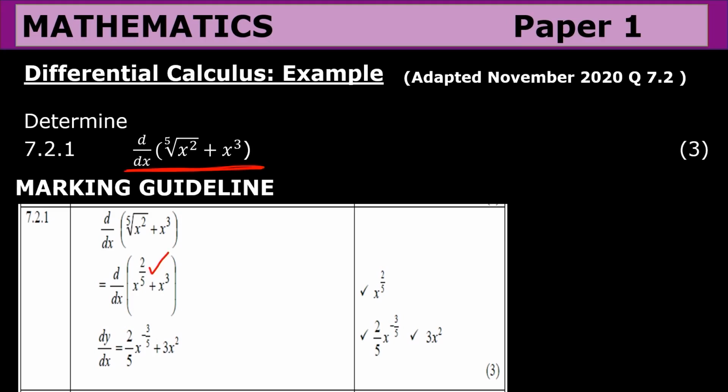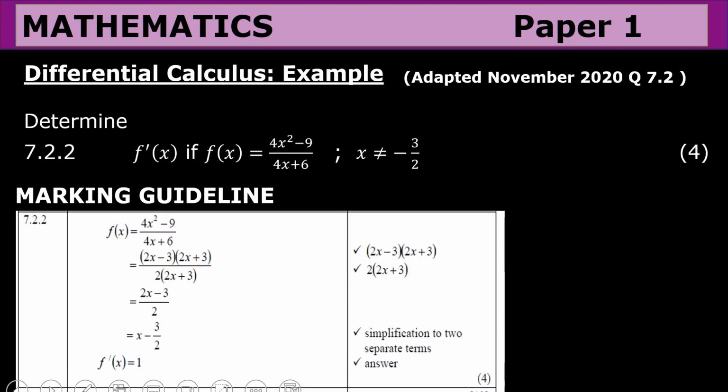Then the next mark is going to be for us to do the derivative. So now that we've removed the surd, we can do the derivative. And from the first term there, that is the answer for the derivative, and we're going to get a mark for that. And then from the second term, that is the answer for the derivative there, and we're going to get a mark for that as well. So those are the 3 marks.